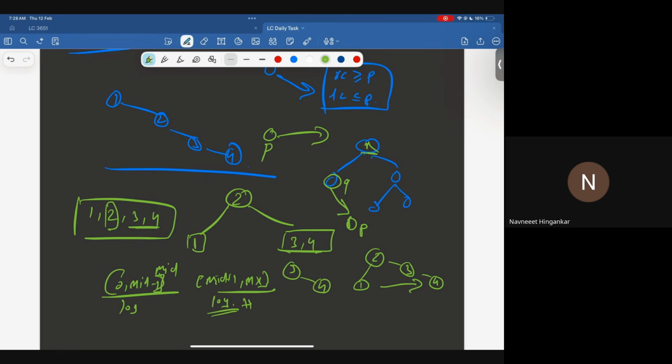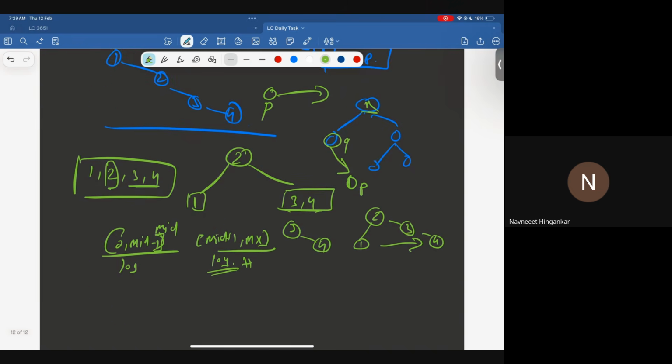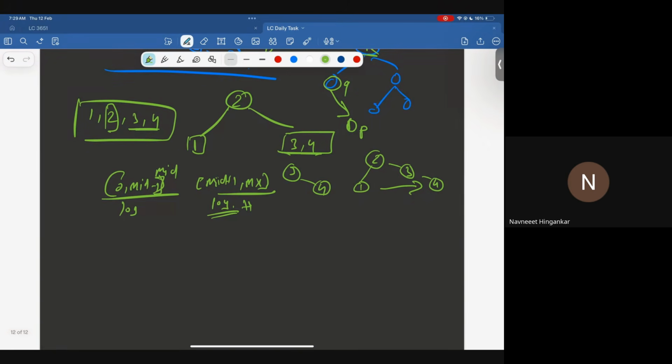So the height difference will never be greater than 1, using this way. Everyone with me? Yes, okay. So how do we solve this on an array?